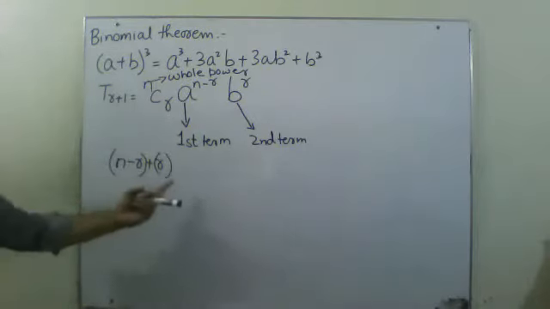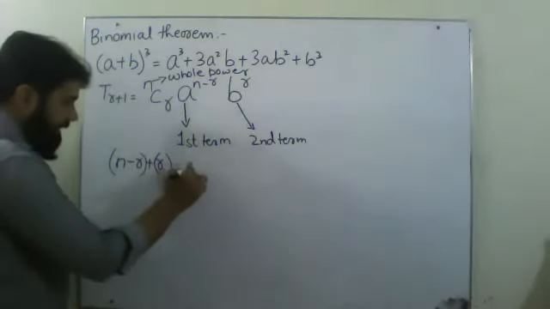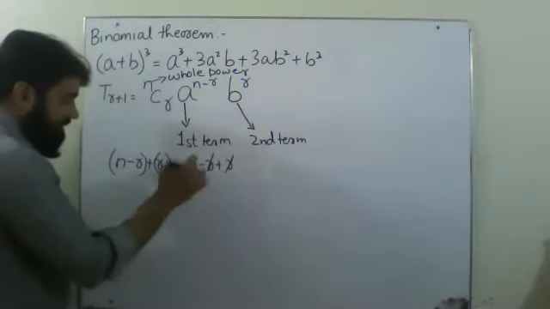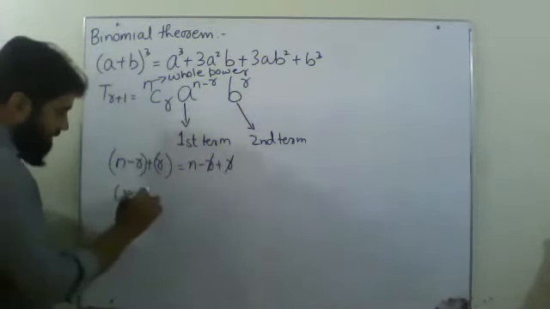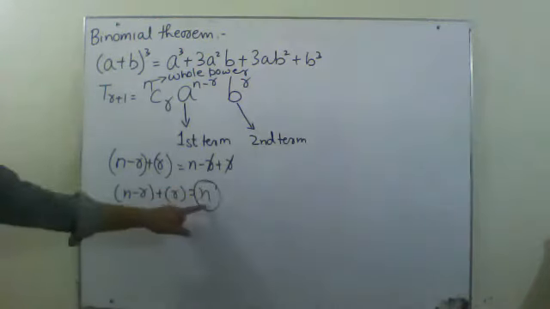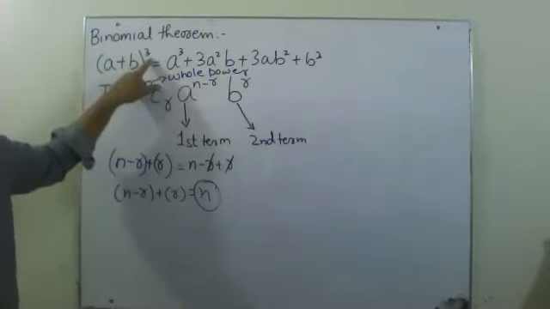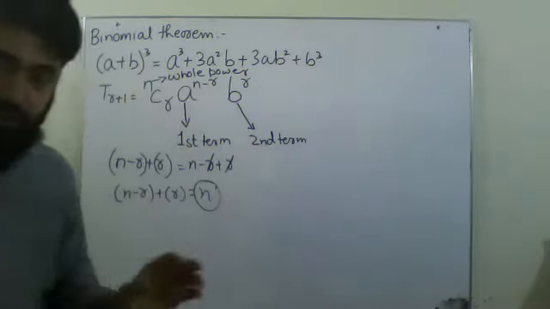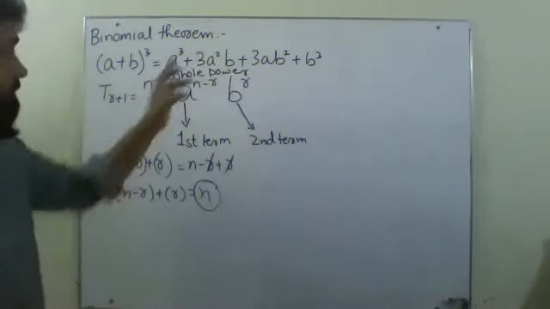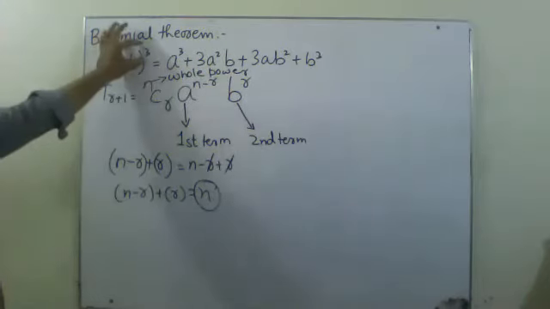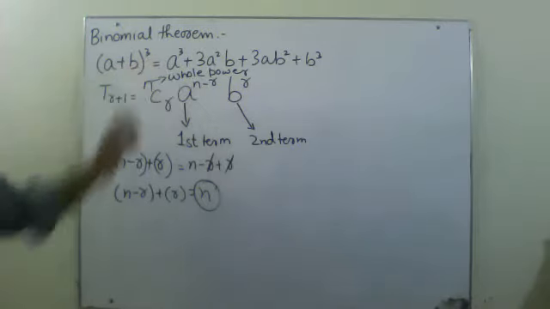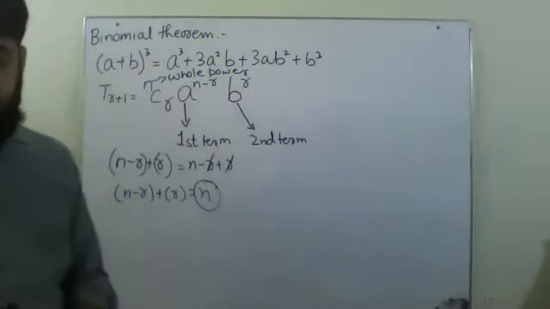Simplifying, n minus r plus r, the r cancels, and the result will be equal to n. And what was n? n was the whole power of the bracket. So in each term, if you add the powers of the given variables, it will mostly equal the whole power of the bracket. Not in every case, but mostly it will happen.